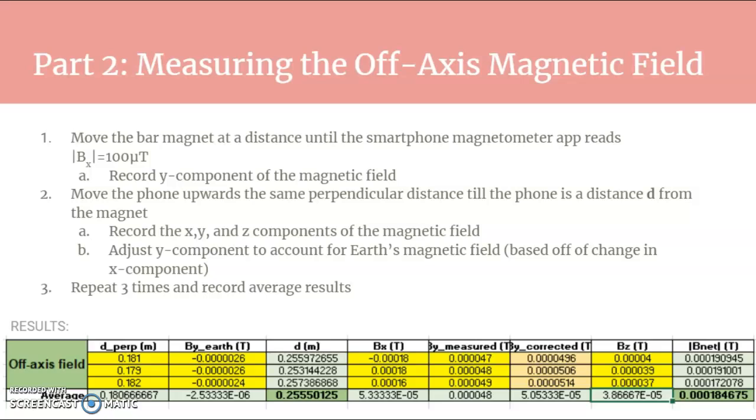We also adjusted this to account for the magnetic field of the Earth on the y component, and we repeated this 3 times to obtain the results, as you can see below. In this portion of the lab, the average perpendicular distance was 0.2555 meters, and the average net magnetic field was 0.00018 Teslas.